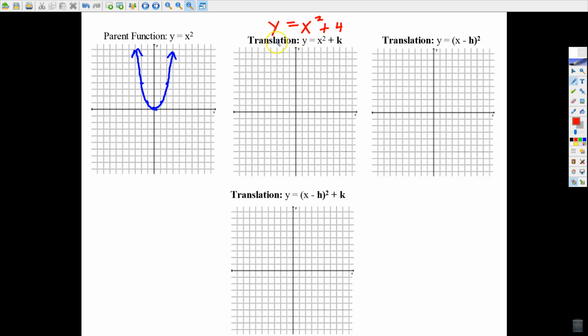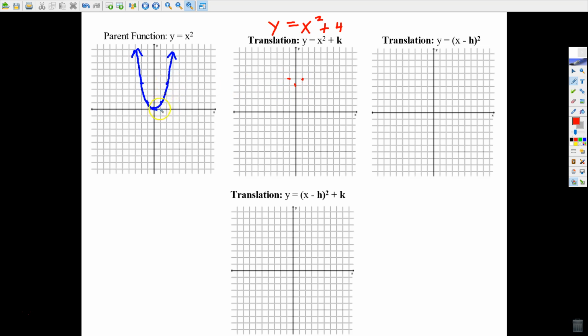So sometimes the book is going to say, what is the parent function? And describe the translation of the parent. Well, the parent function, you can see it, is y equals x squared. The translation is that we're shifting y equals x squared up 4 places.